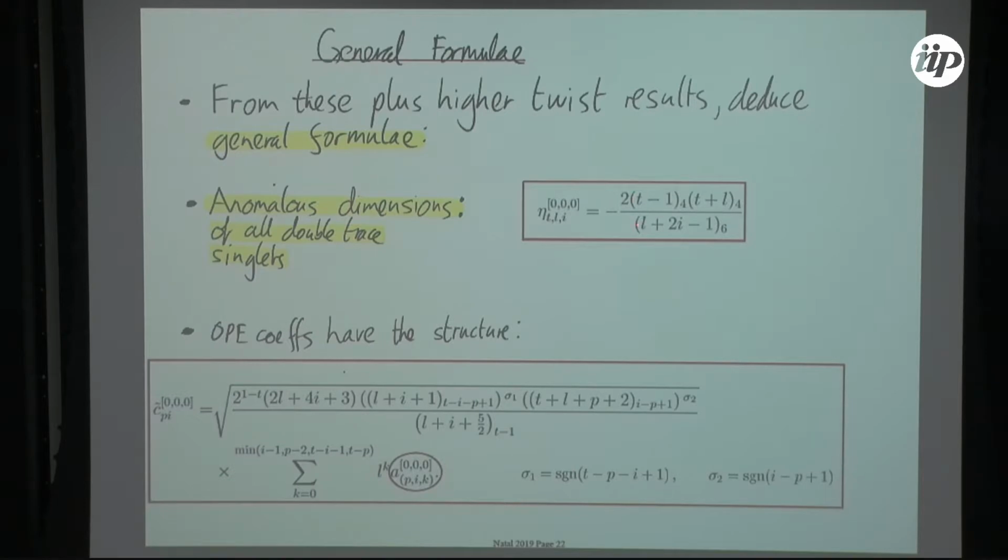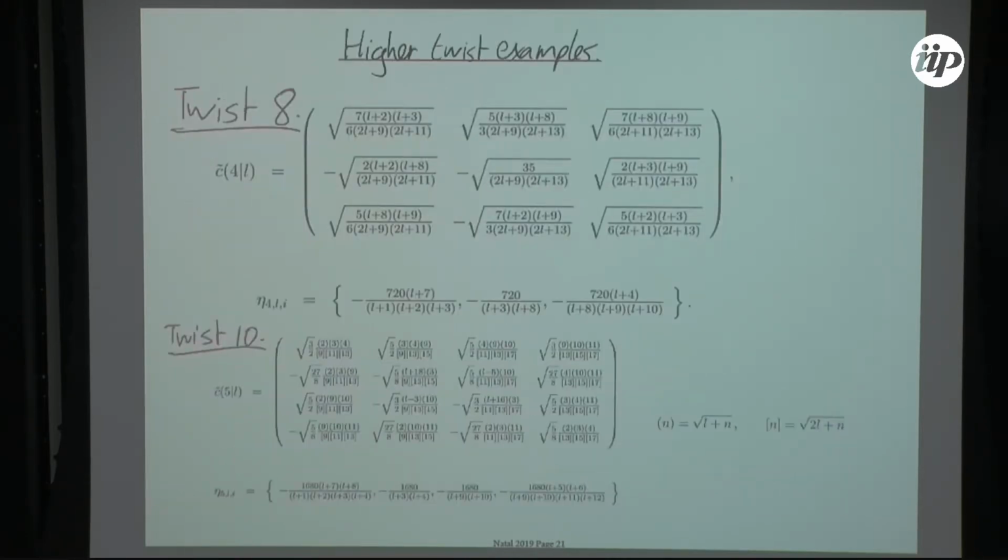This is for any twist and any spin in the singlet sector, where I is enumerating the different operators with the same quantum numbers. So they're the anomalous dimensions, and then the OPE coefficients, they satisfy this complicated-looking structure, but it's basically just looking at the structure of these matrices and trying to figure it out.